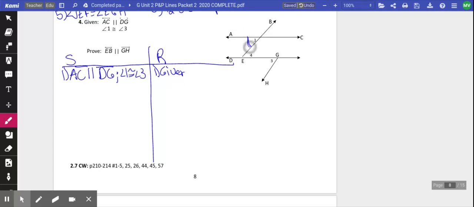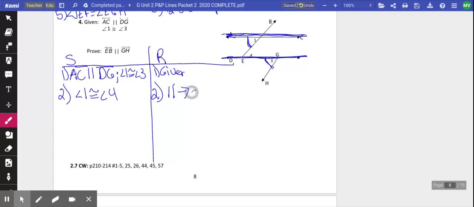And I know that AC is congruent to DG. What does AC being parallel, not congruent, parallel to DG tell me? Well, that tells me that 1 is congruent to 4. Why? Think about that. And that's because parallel lines implies alternate interior angles congruent.